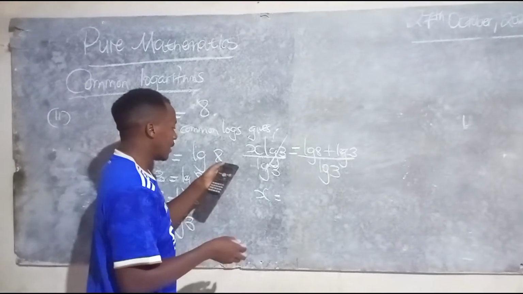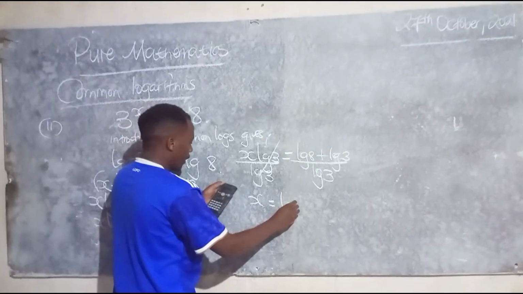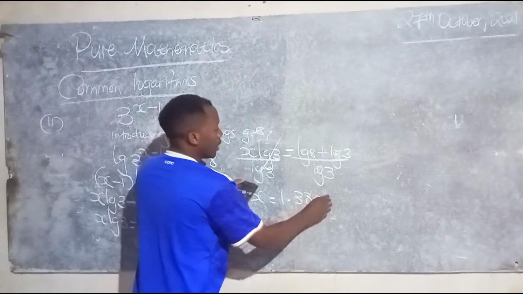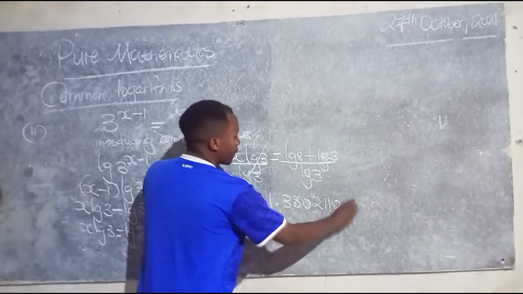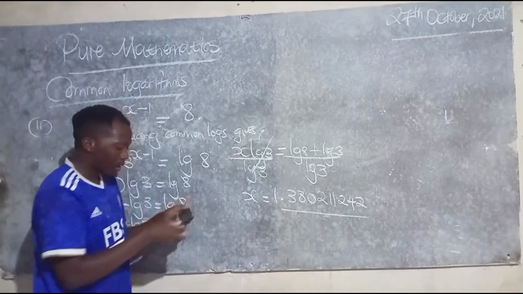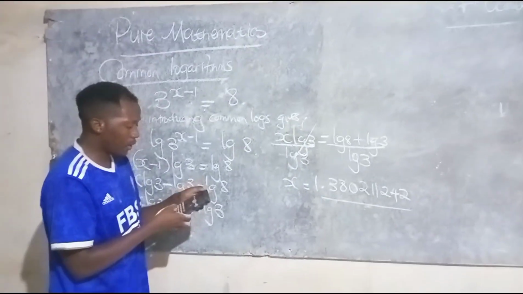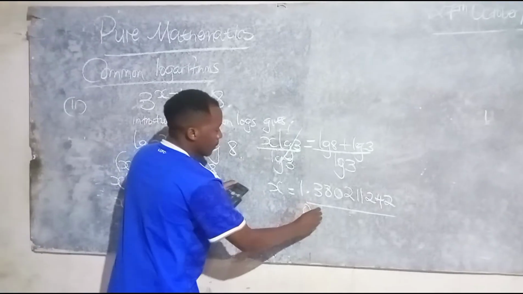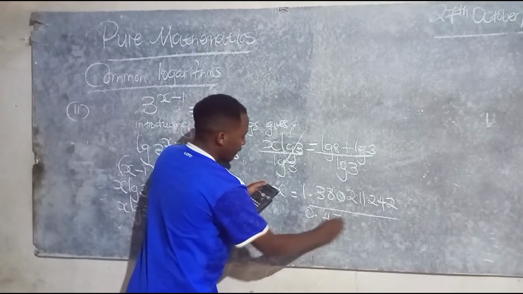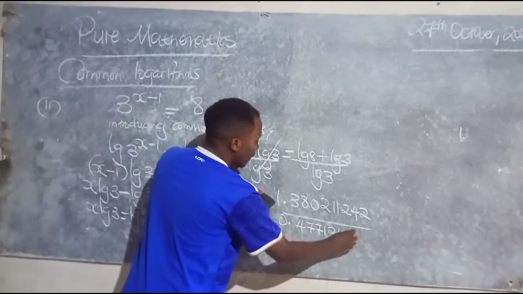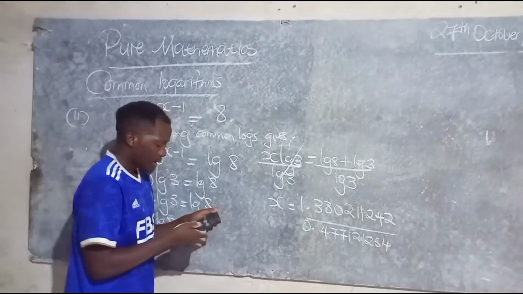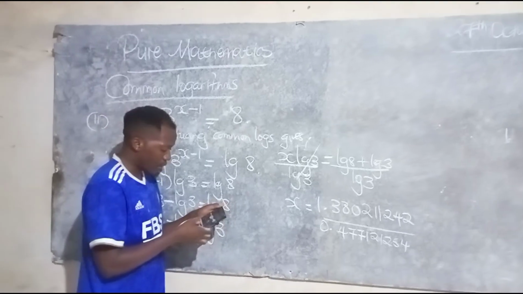Log 8 plus log 3 is giving 1.3802, 11242, over, we're going to divide it by log 3, which is 0.477121254. Then we're going to evaluate the final answer.